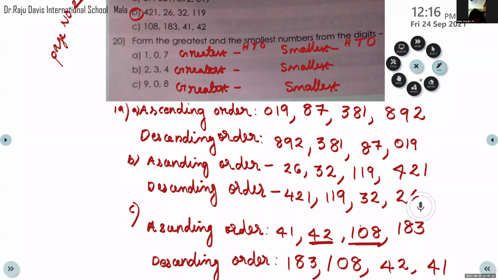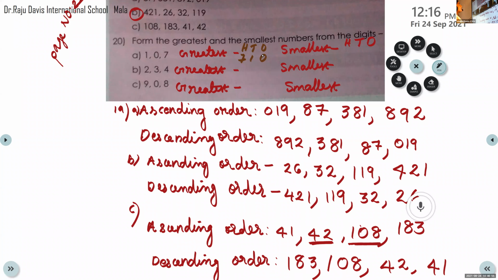Okay. So greatest 7. After 7, which is the next greater? 1. In the tens place, what do we have to write? 0. So you read this number? 710. But when you form the smallest number, you should be careful because 0 is there.